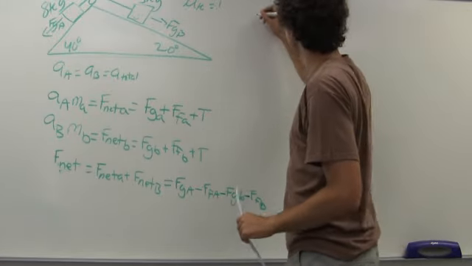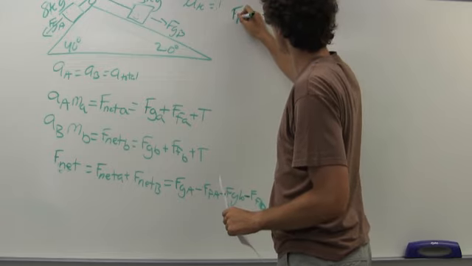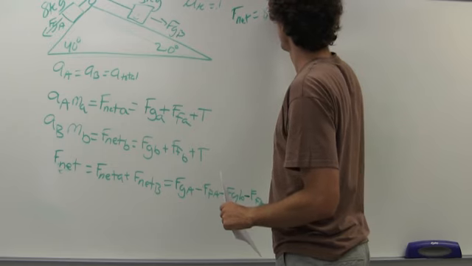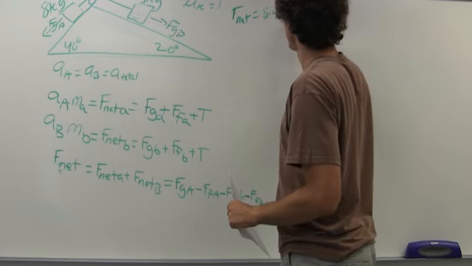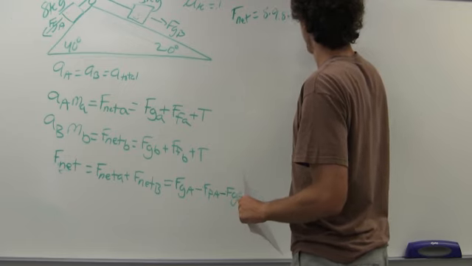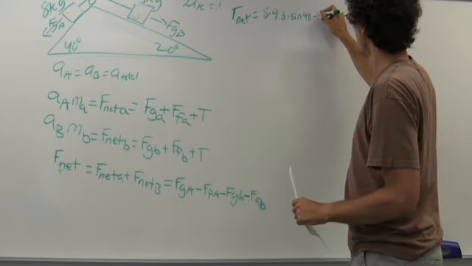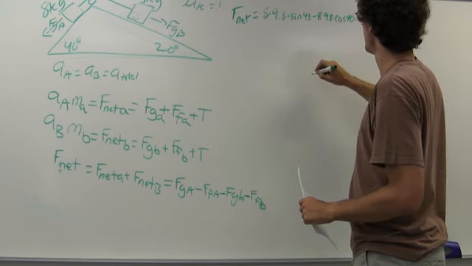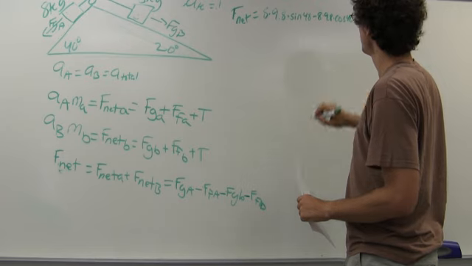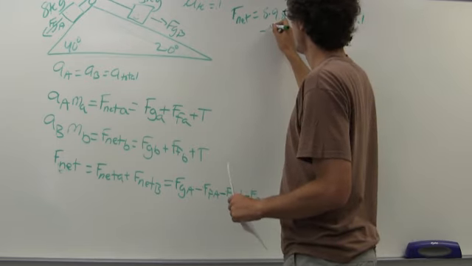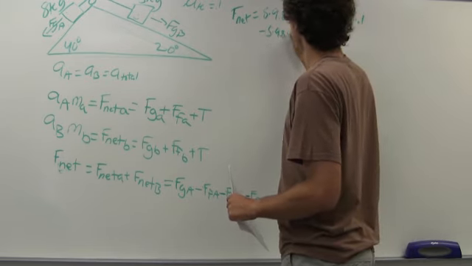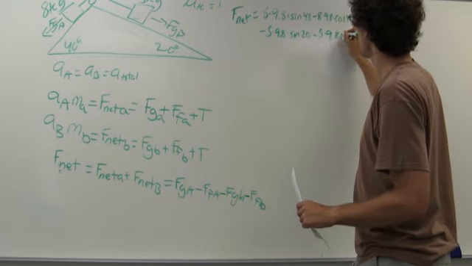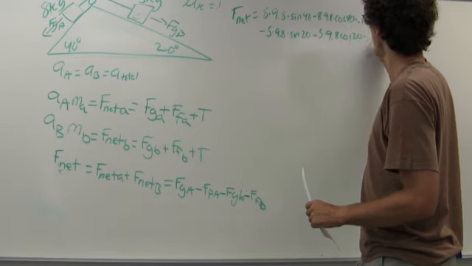Alright, now let's put it together. We have FGA is 8 times 9.8 times sine of 40, minus 8 times 9.8 times cosine of 40 times 0.1, minus 5 times 9.8 times sine of 20, minus 5 times 9.8 times cosine of 20 times 0.1.